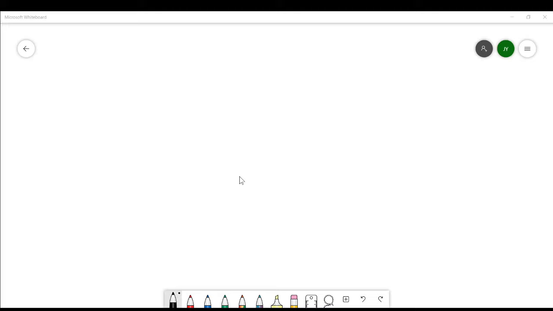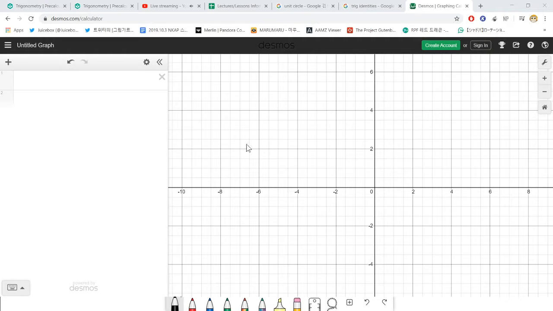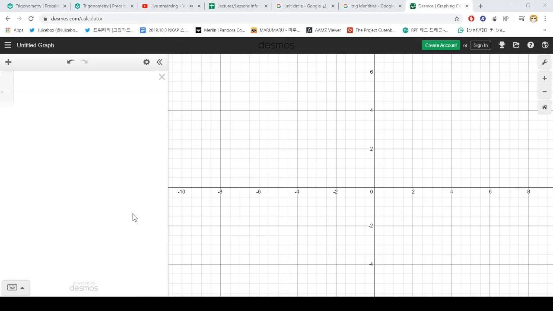Yeah, Desmos. I forgot the name. All right, I'll pull this up on the stream right here. You can all see what it is on Desmos, right?